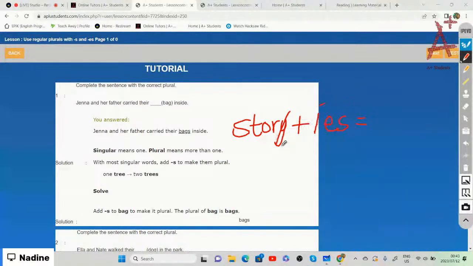And then the word changes to a plural form, stories, right? However, most of our singular words, once we only add an S, then it changes to a plural. Or we add an ES and it changes to a plural.